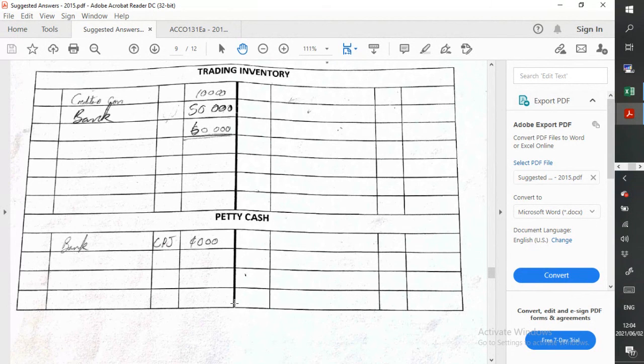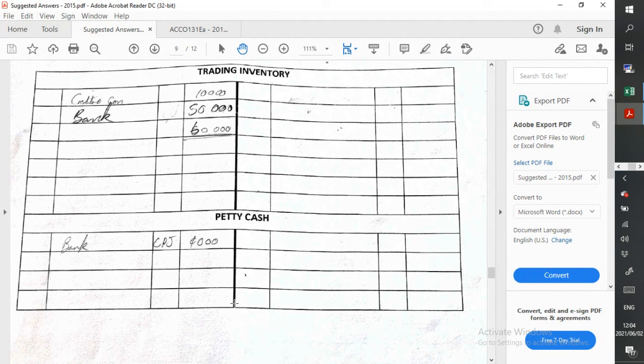Now, just one thing, if you flip through to question 7 and question 8 and question 9, you will see that the things that they're asking over there do not pertain to you guys. For instance, in question 7, they're asking for the individual debtors or creditors.